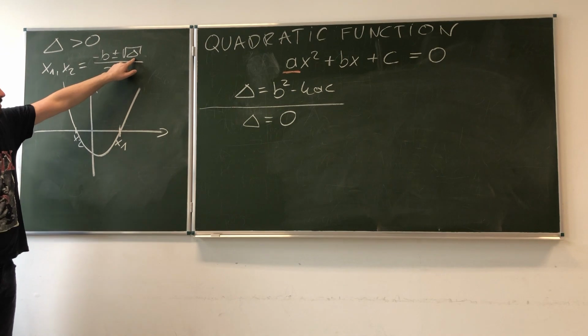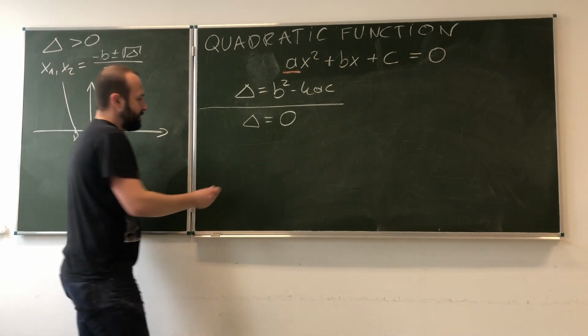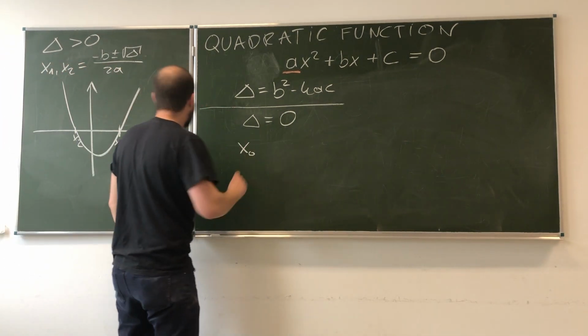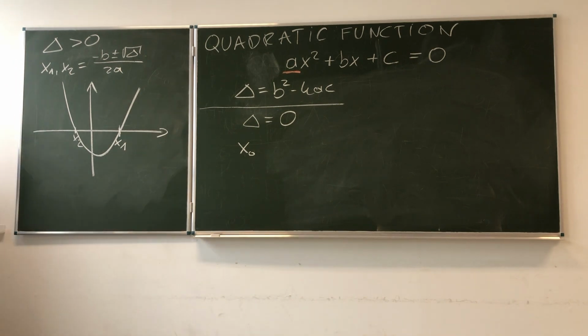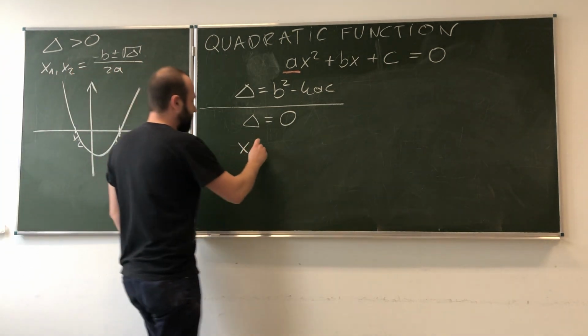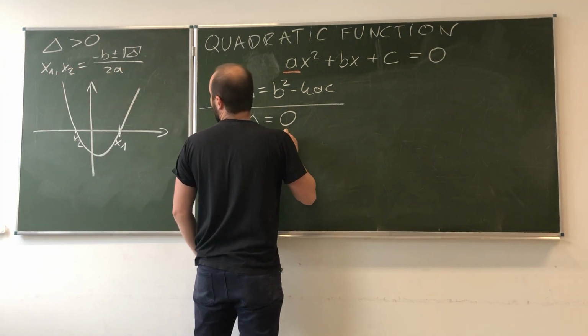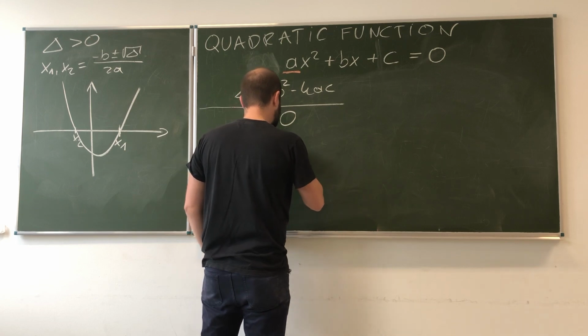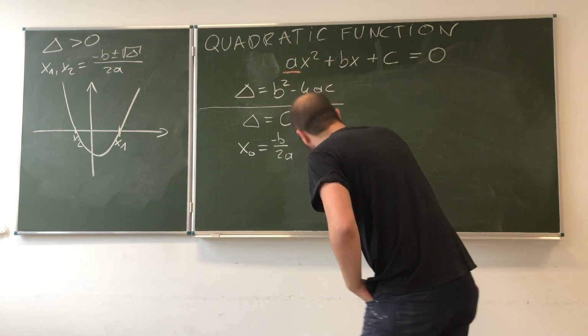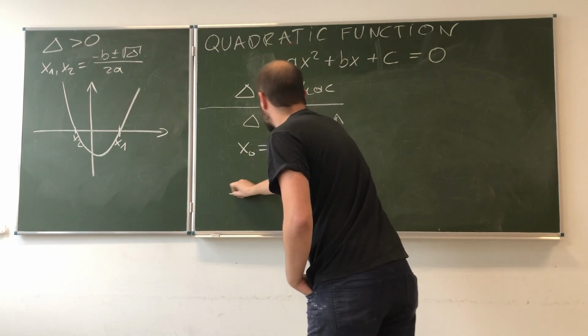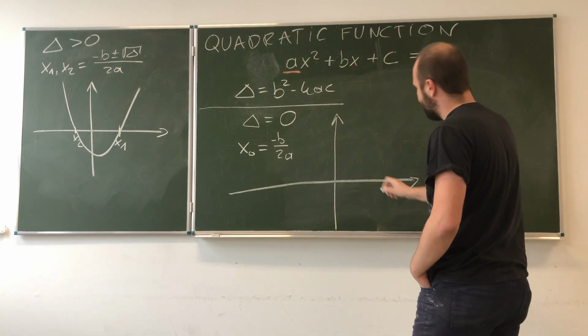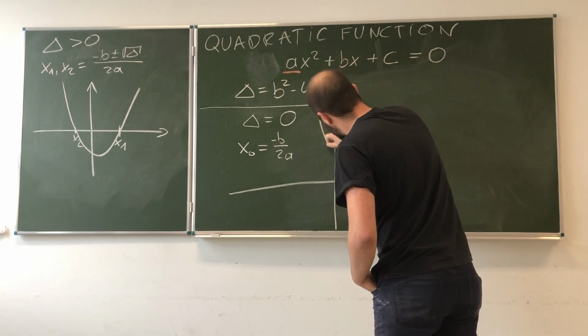So, if delta is 0, it turns out that the place where the parabola intersects with the x-axis is simply given by negative b over 2a. And look, in this case, it's actually not intersecting, but it is tangent.